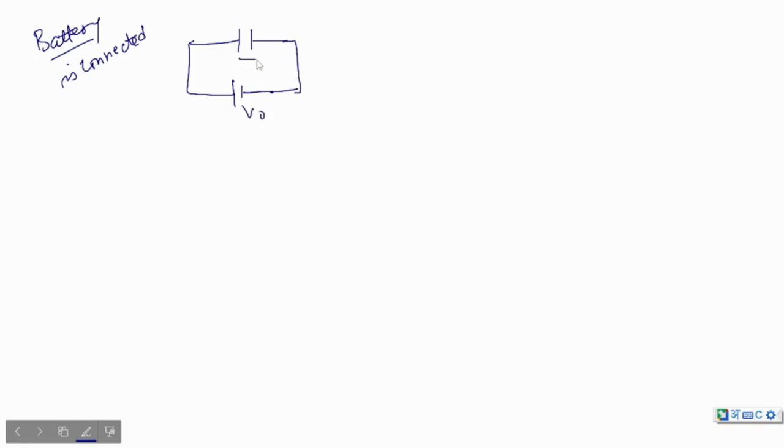Initially, battery is connected. V naught. Separation is, let's say, D. This capacitor is charged and has charge Q naught. So what results can you derive?